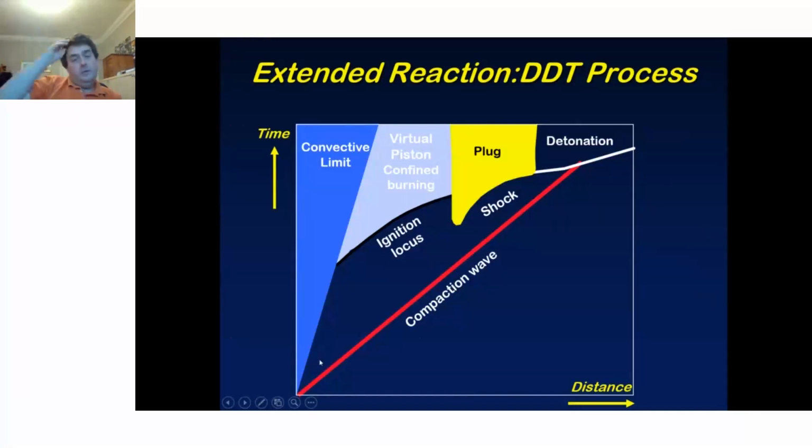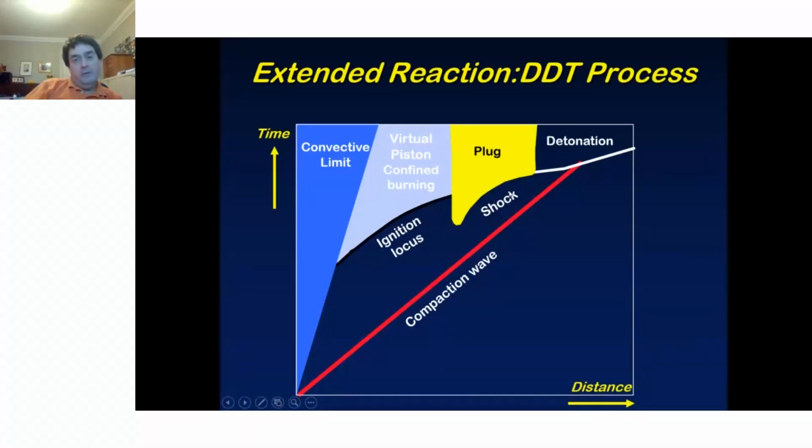We have a burning front coming through. It's releasing high pressure gas, and that forms the convective limit system. So that's that line there. That's where the hot high pressure gas has got. However, as that hot high pressure gas pushes into the granular bed, you get further compaction within the bed, producing an impermeable plug of material here, which is pushed forward into the bed, and that effectively causes a shock wave to build up.